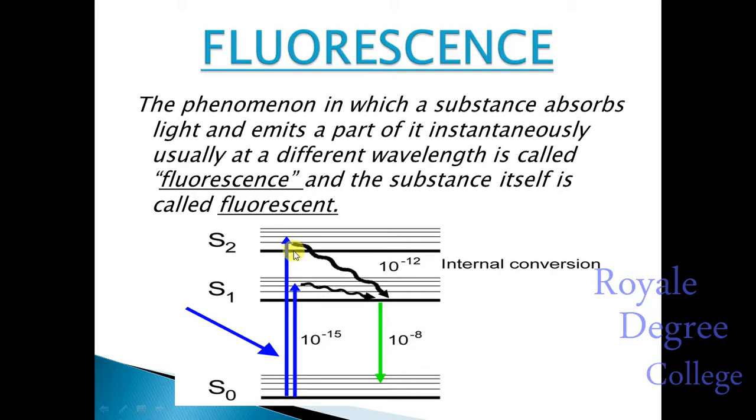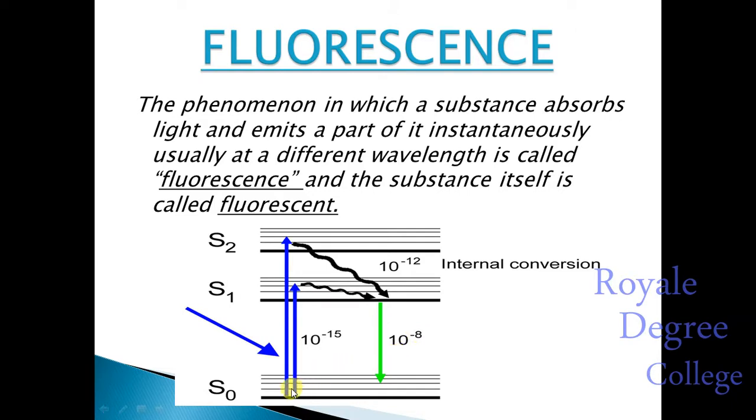Okay. So when the electron is absorbing the energy, after absorbing the energy, it is going up to the first excited state. That is, at the first excited state, the wavelength will be 10 to the power minus 15. Then from the first excited state, internal conversion will take place and it is coming back to the singlet ground state at the wavelength 10 to the power minus 8.